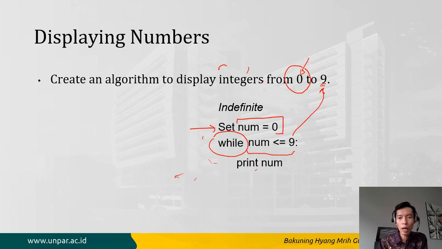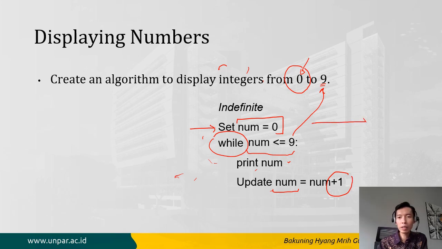And then while the number is less than or equal to 9, we need to print the number. However, we need to tell the computer that this number is not just fixed at 0 all the time. So that's why we're going to update this number variable by adding 1 to it.